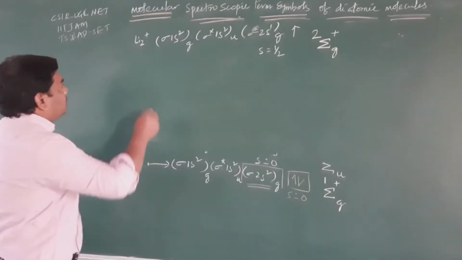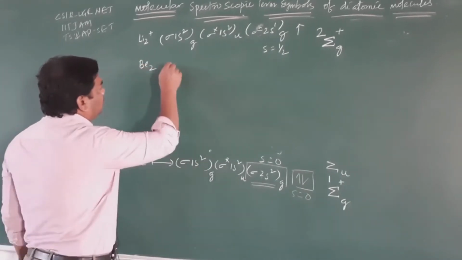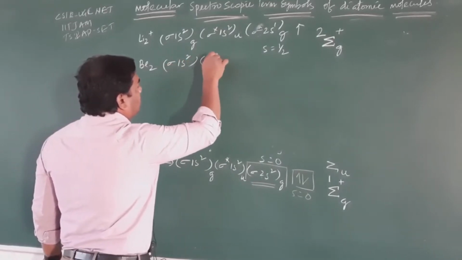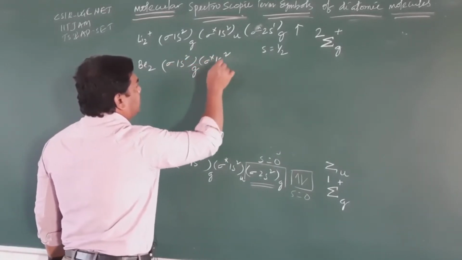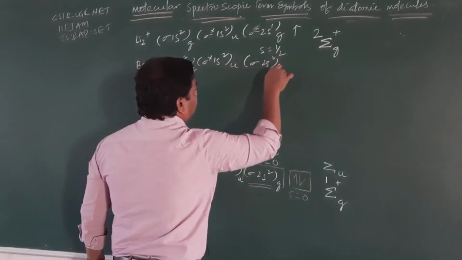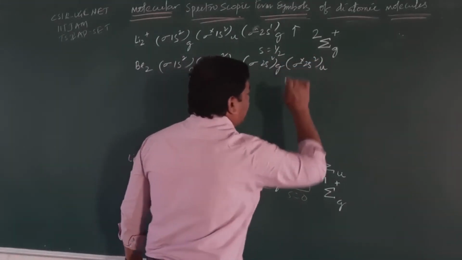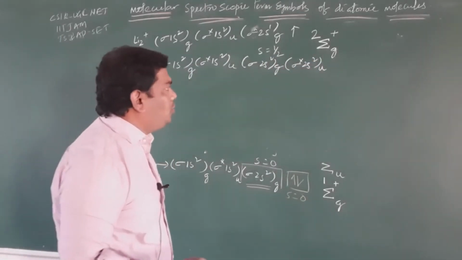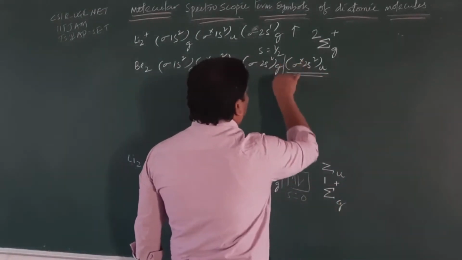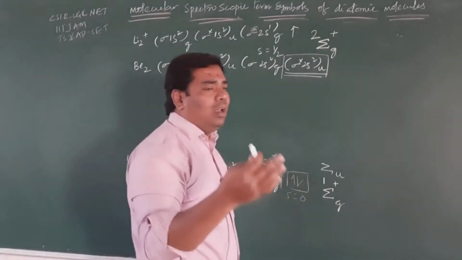Now we will move to the Be2 molecule. Be2 means sigma 1s2, sigma star 1s2 ungerade, sigma 2s2 gerade, and sigma star 2s2 ungerade. Clear, student? Please focus only on the last orbital, the electrons filled in the last orbital.